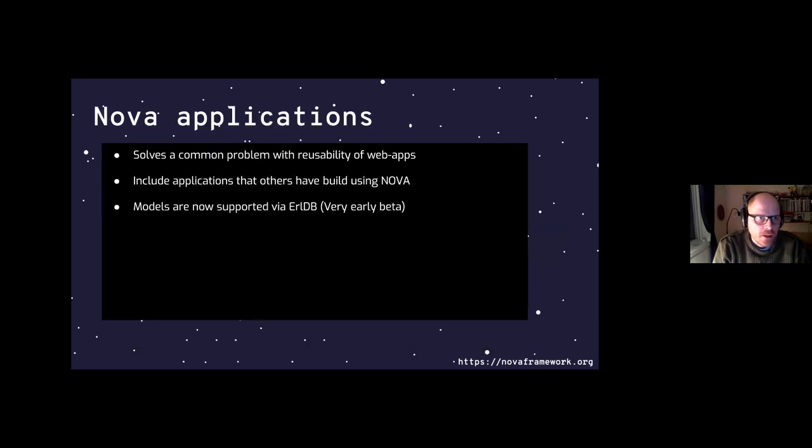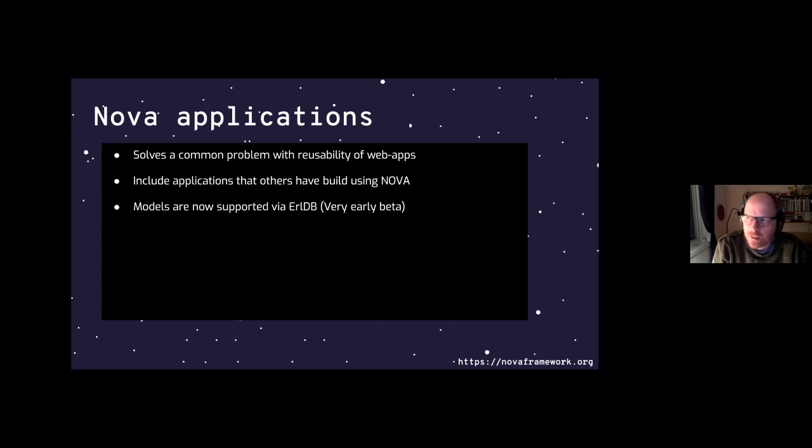Right. So another thing that we are also very proud of when it comes to the new release of Nova is how we try to solve the problem with reusability of web applications. In projects that use Cowboy, for example, it's not very easy to combine the both of them into one project.